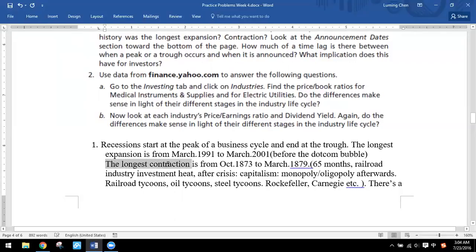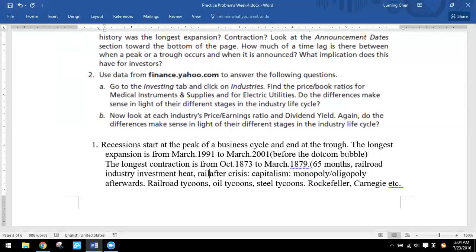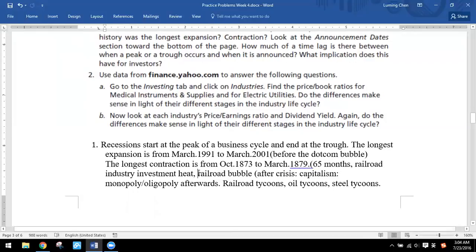The major cause of this contraction is that before the crisis, the railroad industry investment was superheated. Like the dot-com bubble, there was a railroad bubble, although we don't call it that.